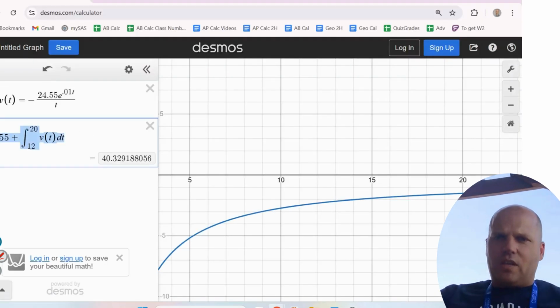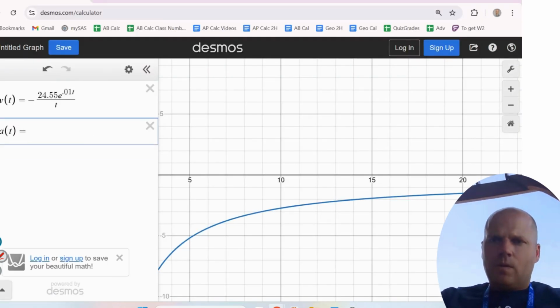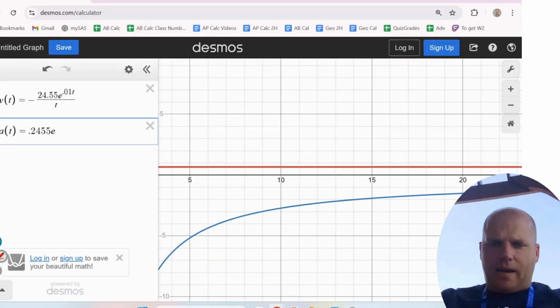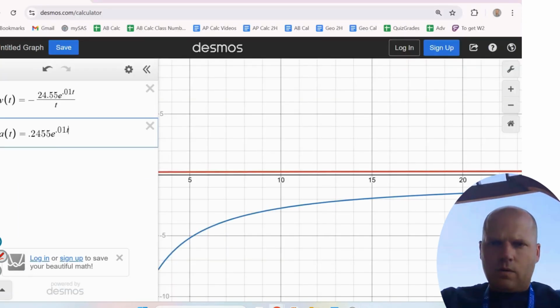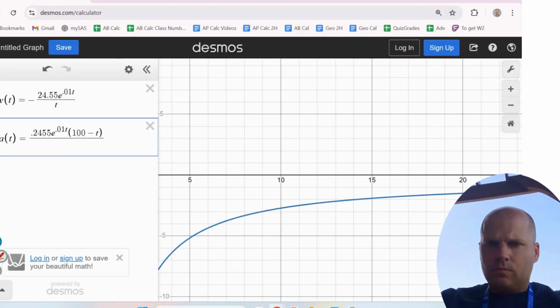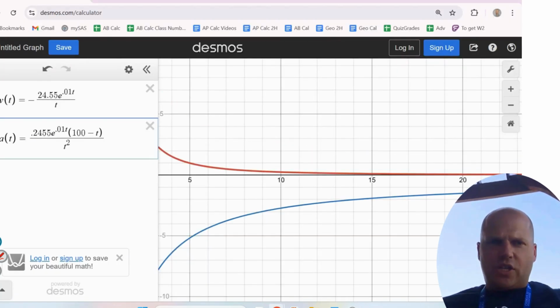I looked over the scoring guidelines and they were talking about how you needed to reference looking at the second derivative that they gave you. And you can see that your second derivative is positive.